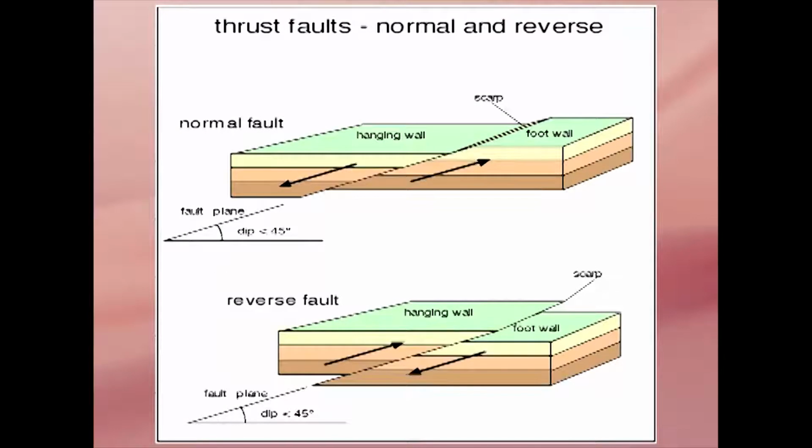In dip slip faults, if the hanging wall block moves downward relative to the footwall block, it is called normal faulting. The opposite motion, with the hanging wall moving upward relative to the footwall, produces reverse or thrust faulting.